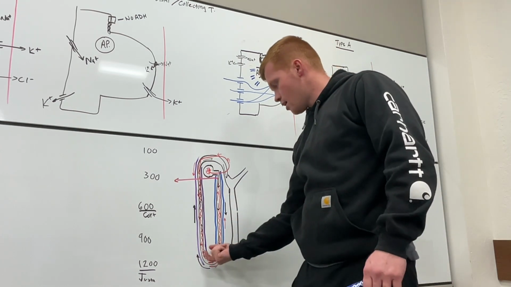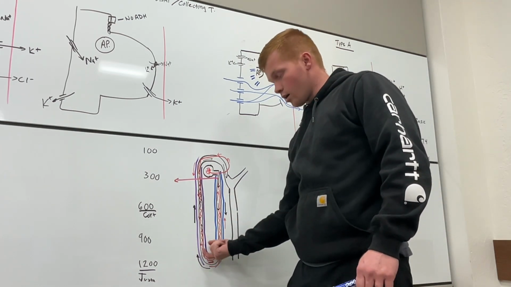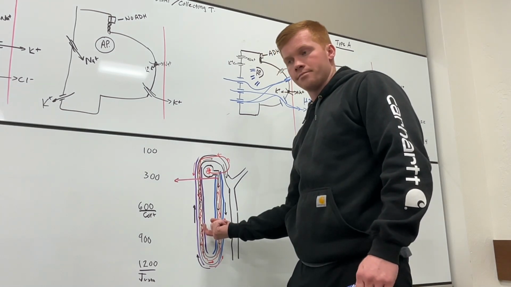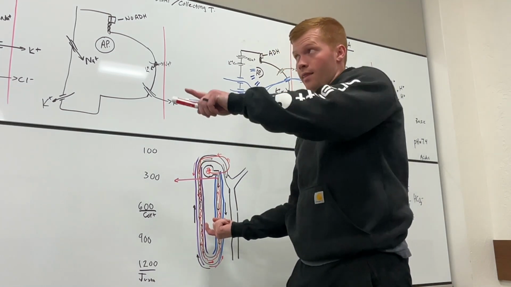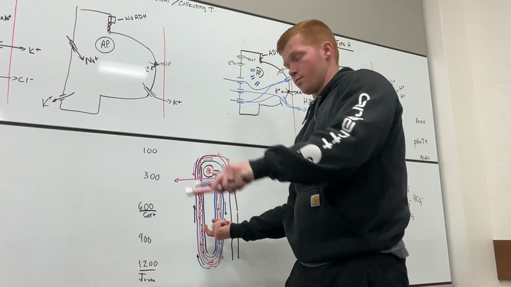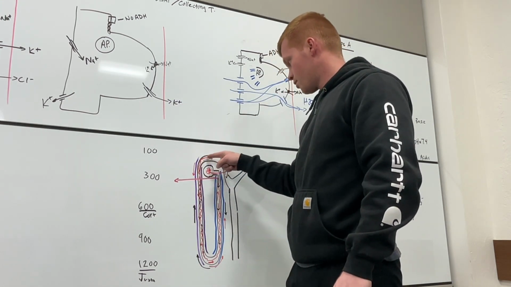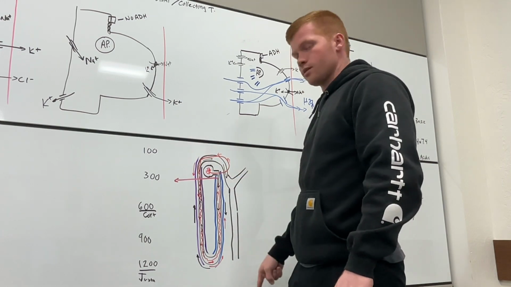Loop of Henle, start going back up, not soluble to water anymore, but soluble to solutes. That's when I was over here talking about how this is really important. It's going to be important in a minute. This is the minute I was talking about. Moving through, and it just gets filtered out, let's just say.